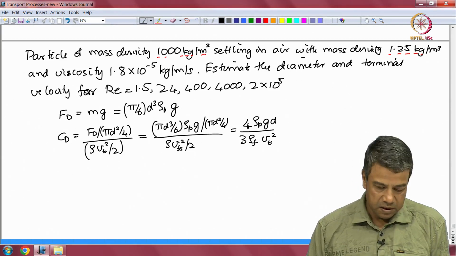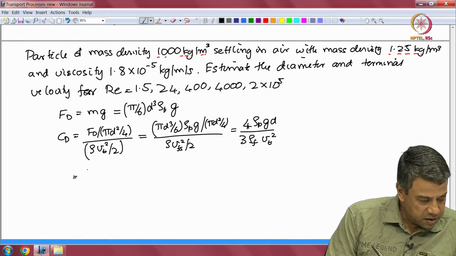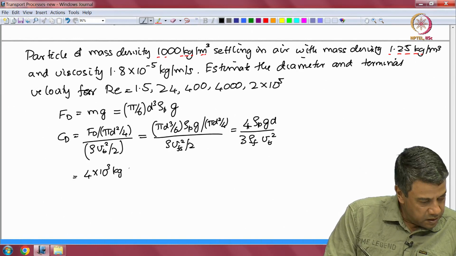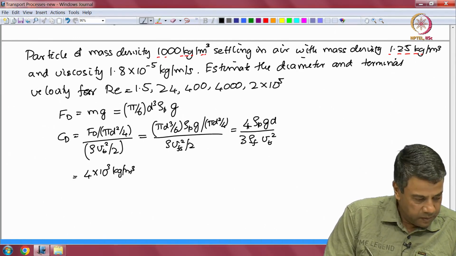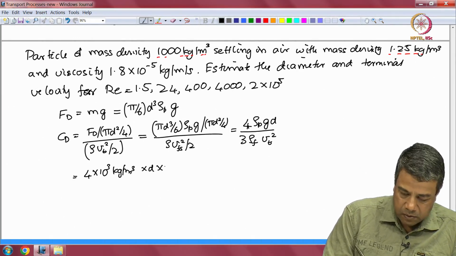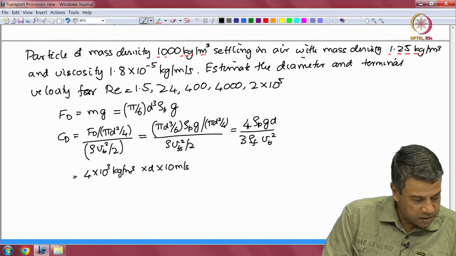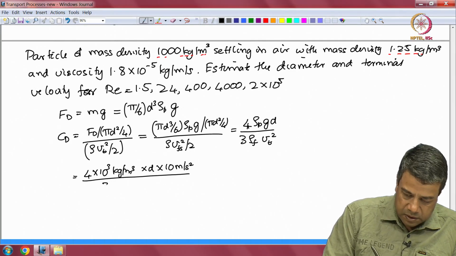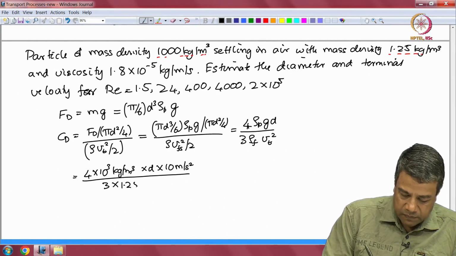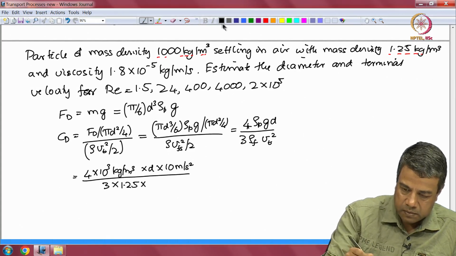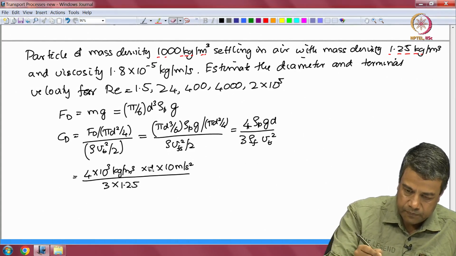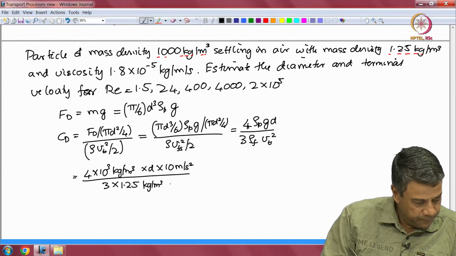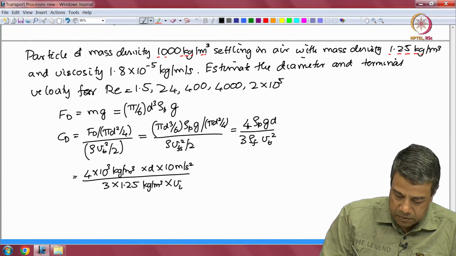And if I put in the numbers, this is equal to 4 into 10 power 3 kg per meter cubed into d into g, which is 10 meters per second square, divided by 3 into 1.25 kg per meter cubed into Vt square.